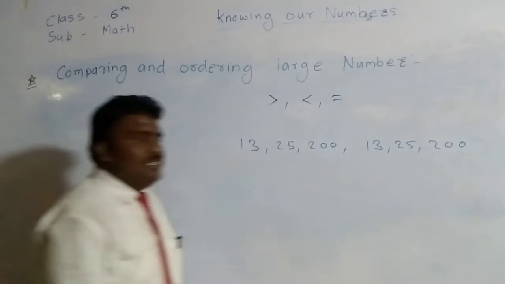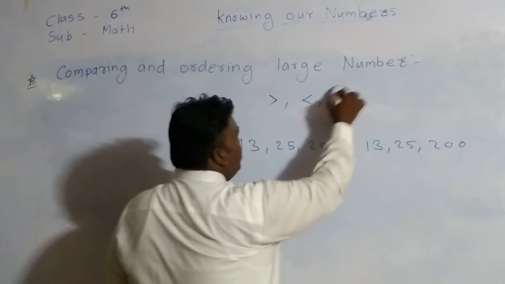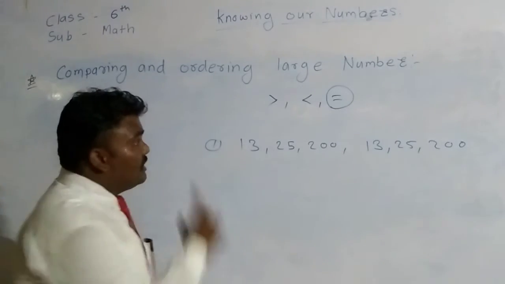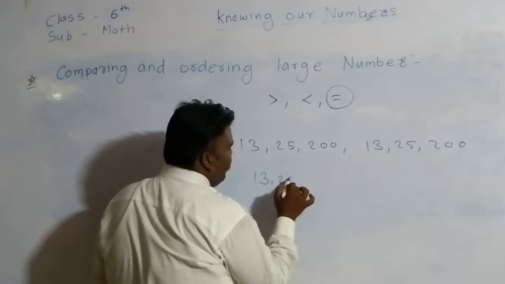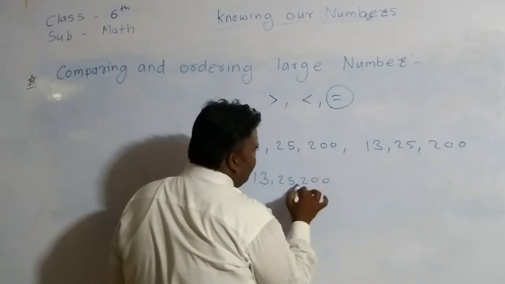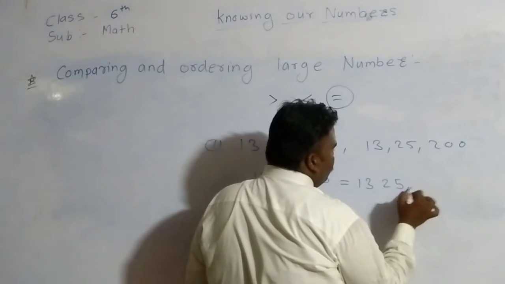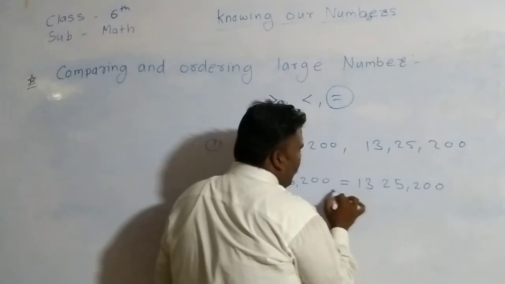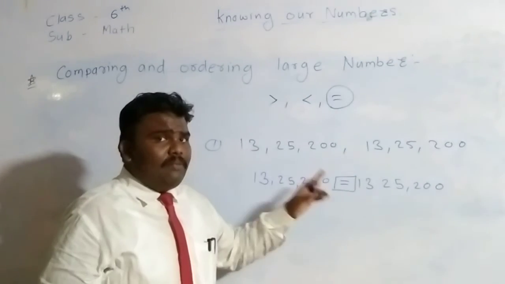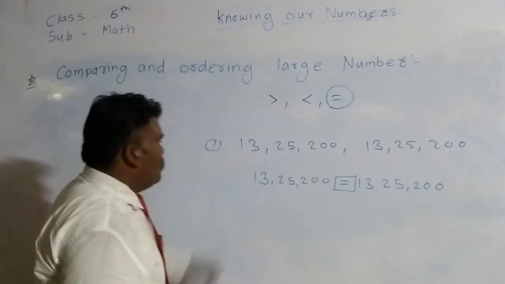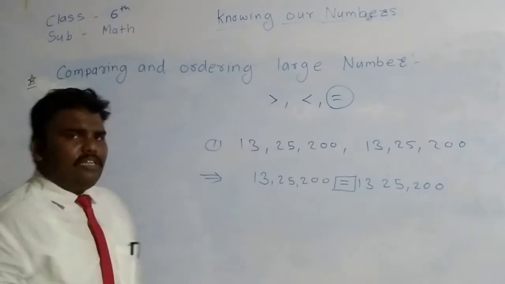So how will you compare these numbers? You will use this symbol to compare them. So 13,25,200 is equal to 13,25,200. So I use the equal to symbol here. It is said to be equal to. Okay, so this is how, dear friends, we can compare large numbers.